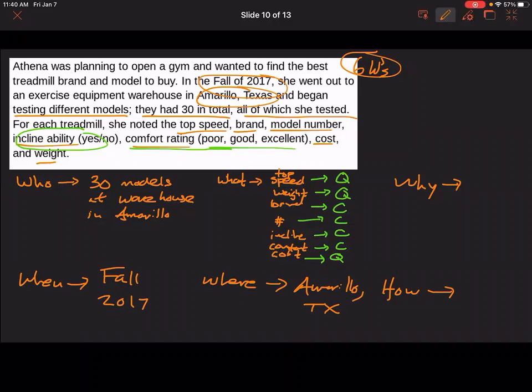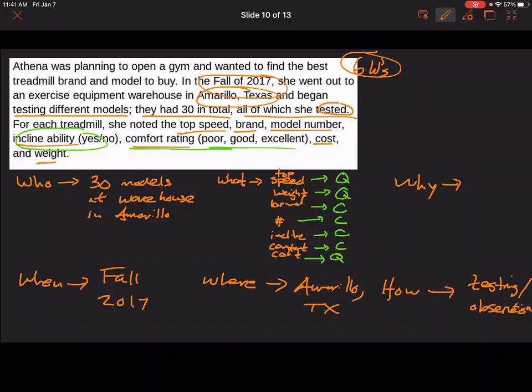How, this one I think is maybe tricky sometimes to figure out what word is best. It says she tested the treadmills. She's not surveying anyone, she's not interviewing. She tested the treadmills. So maybe we can say something like testing or observation. She's observing them as she tries them out.